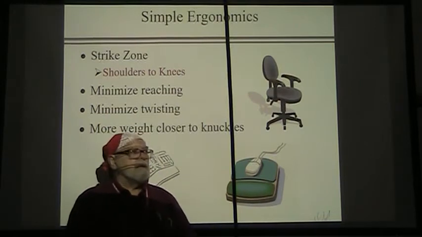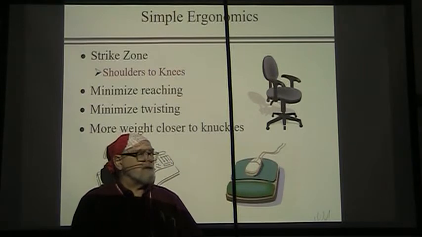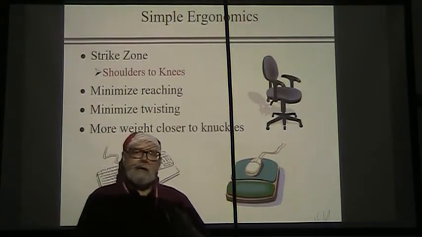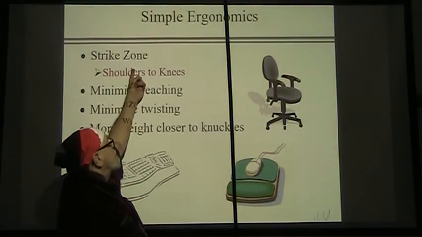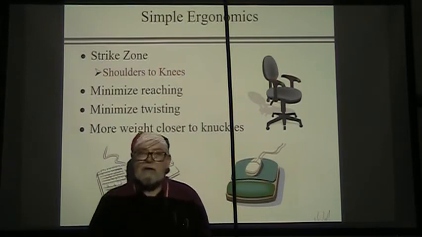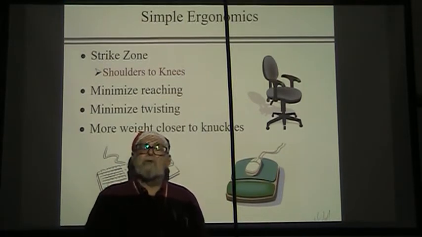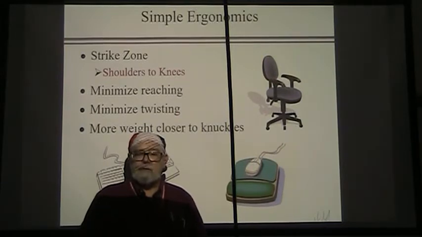When we're doing lean, we need to think in terms of ergonomics. In ergonomics, we think in terms of the strike zone. From your shoulders to your knees is the part of our body where we are the strongest.